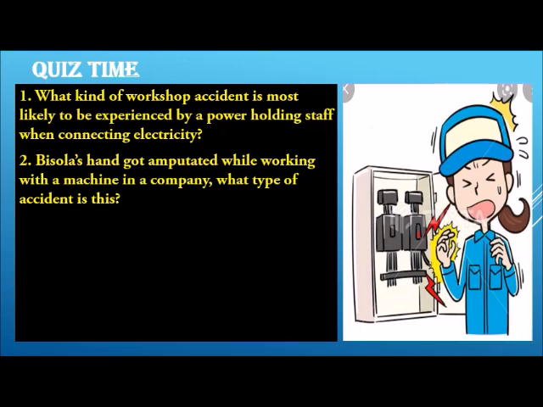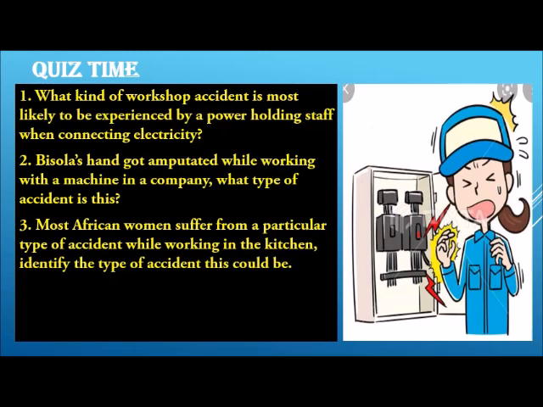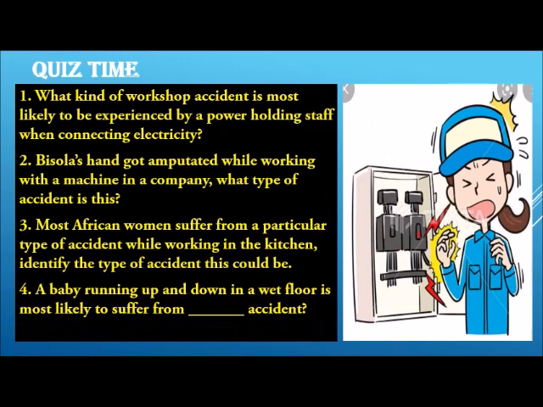What type of accident is this? Number 3, most African women suffer from a particular type of accident while working in the kitchen. Identify the type of accident this could be. Number 4, a baby running up and down on a wet floor is most likely to suffer from what accident?